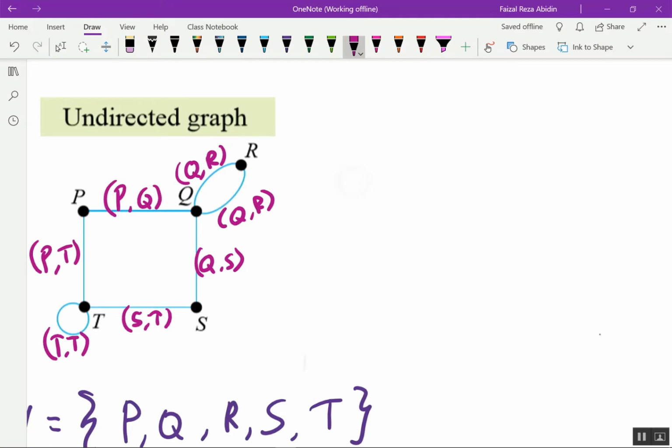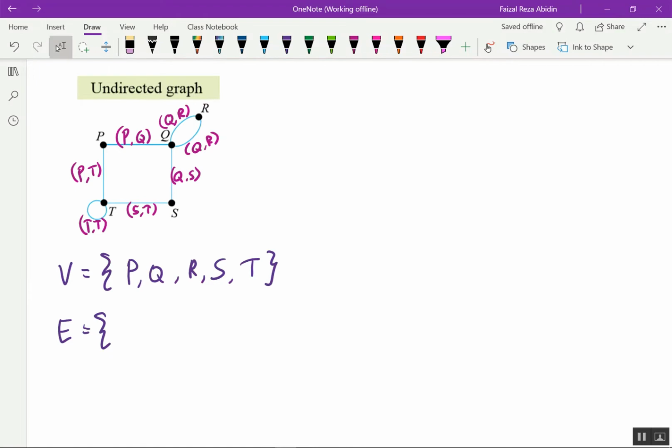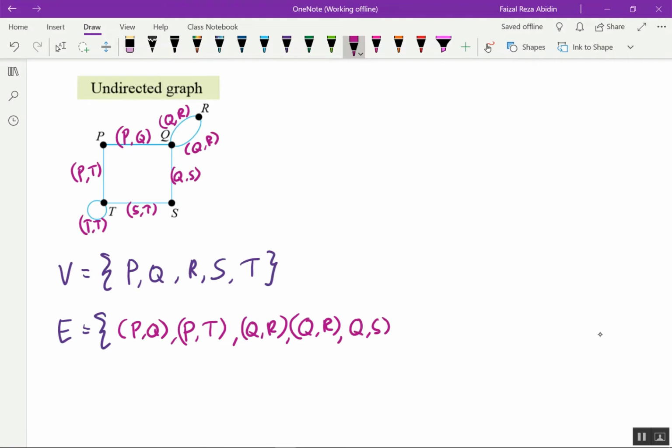So for the set of our edges over here, we can list as PQ, PT, and then followed by QR, and then we have QS, and then ST, and then TT.